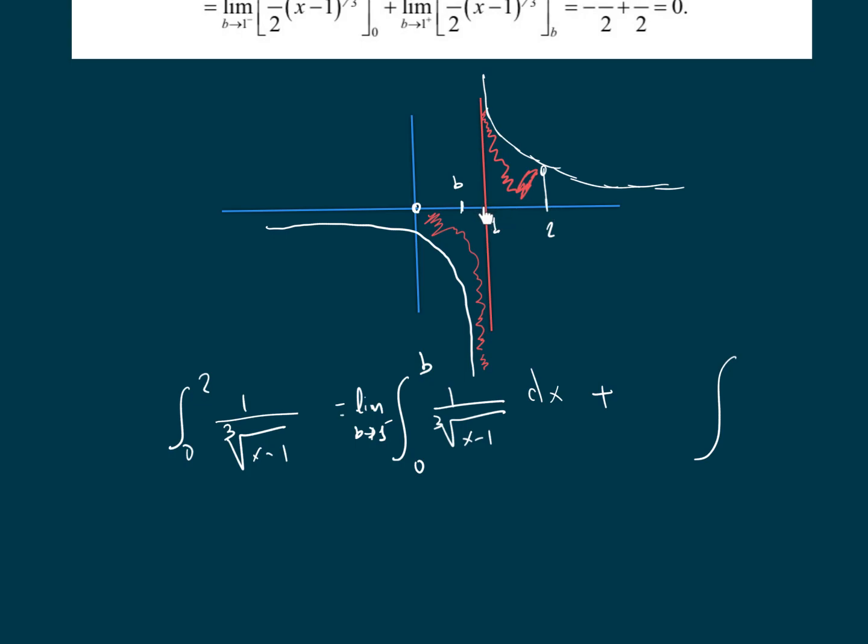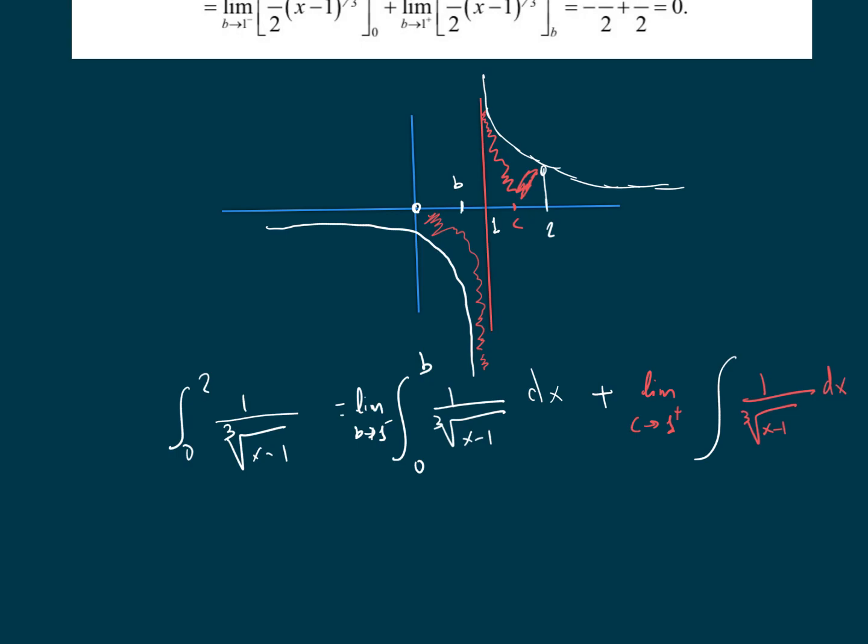But at 1 it is not defined, so we need to do the limits. So we put a point z here, c, and we make the limit as z approaches 1 positive, 1 to the right, of the function 1 divided by the cubic root of x minus 1 dx.